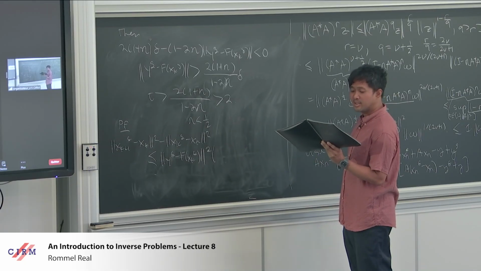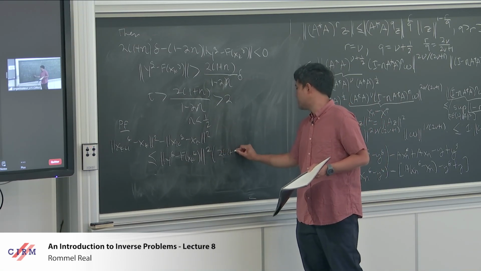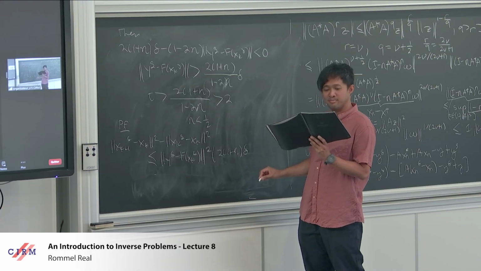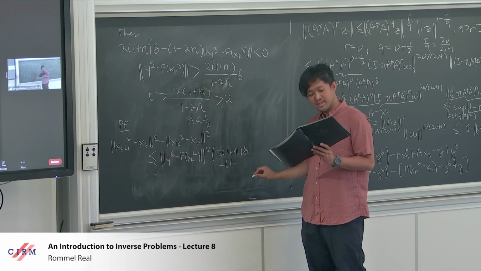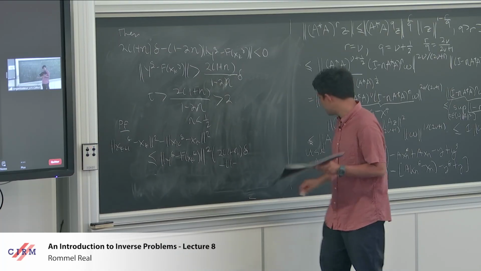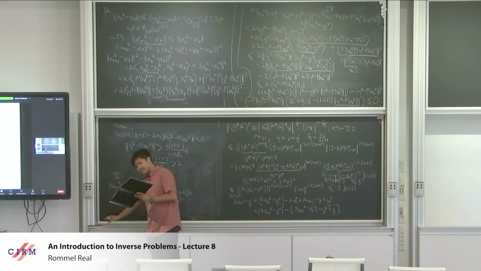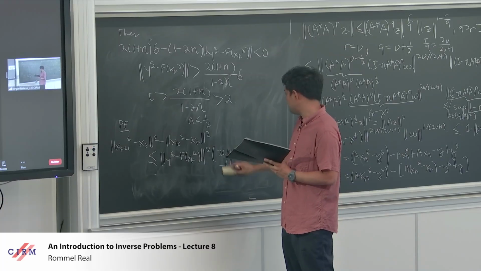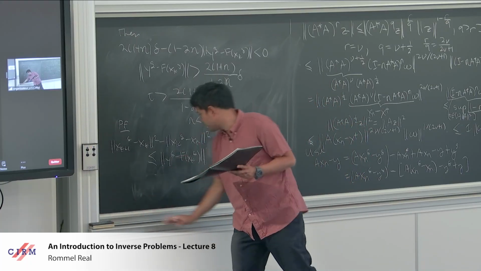That will be 2 times 1 plus eta delta minus 1. Not really. And then, wait, I think I'm missing something here. What we should get here is that, let me redo that one, okay?